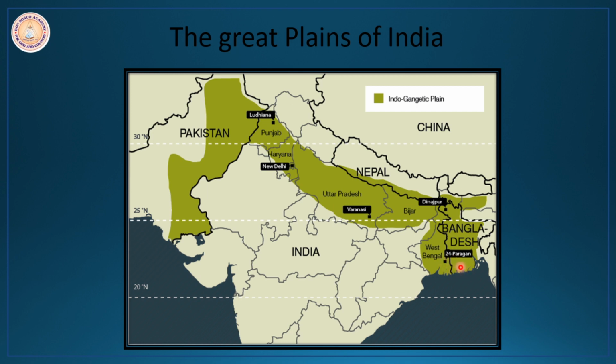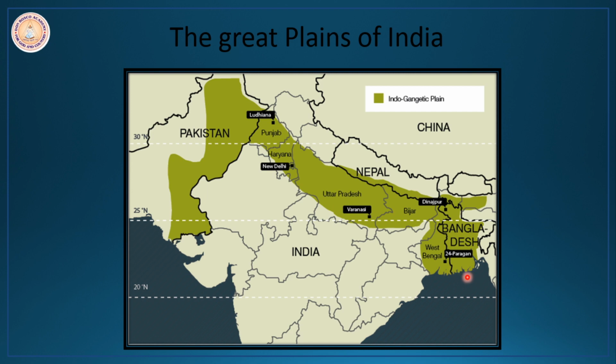We'll be learning about it later part of the topic. So this is the Great Plains of India, formed by the Ganga and its major tributaries, and here we have the Sundarban Delta where it meets the sea or the Bay of Bengal.